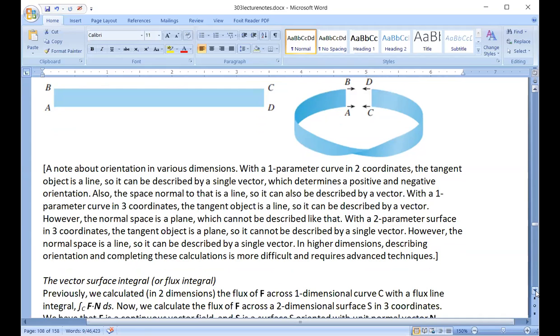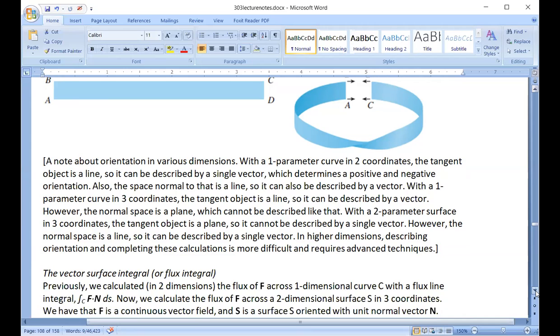Now we calculate the flux of vector field F across a two-dimensional surface S in 3 coordinates. So how do we update these things? We know that F is a continuous vector field, and now S is going to be an oriented surface. So it's the regular surface S, but it's going to be oriented with unit normal vector big N.